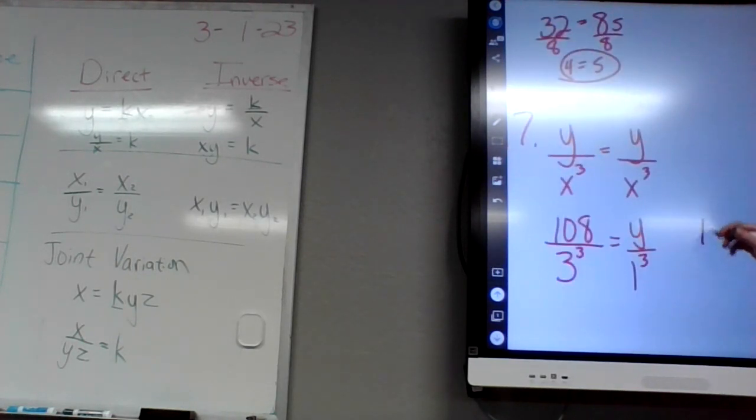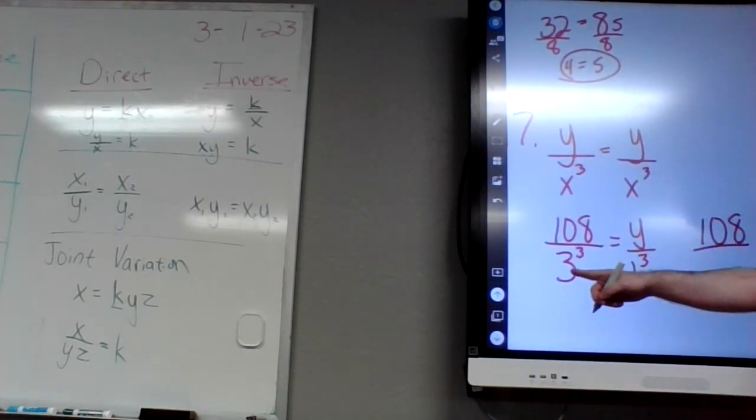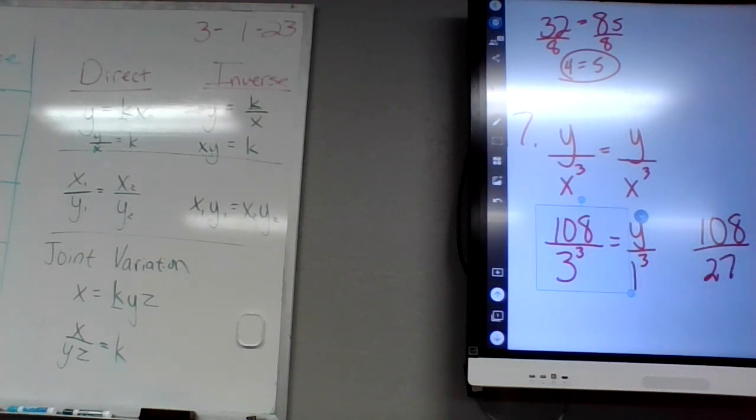What's 3 cubed? You guys remember that one? 27. And 1 cubed is 1. So when we cross multiply, we get 27y equals 108 times 1, 108. 108 divided by 27 is 4.